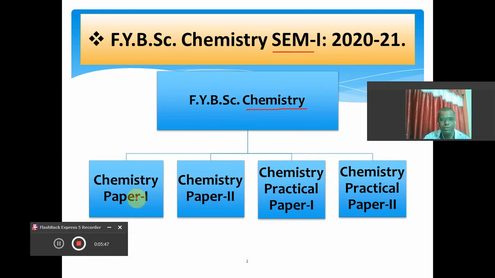In chemistry there are two theory papers, chemistry 1 and chemistry 2, and based upon the same theory papers there will be practicals, chemistry practical paper 1 and chemistry practical paper 2. Here I am going to teach you chemistry paper 2. Based upon the same subject there will be practicals, but we will discuss the practicals later. Myself, Bhausaheb Sononi, Assistant Professor, Department of Chemistry, is going to teach you chemistry paper 2.